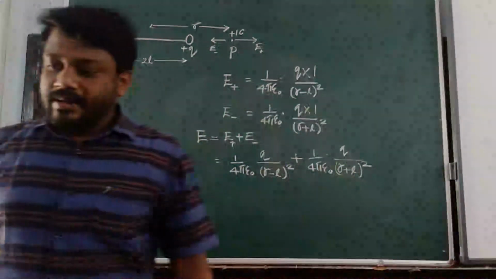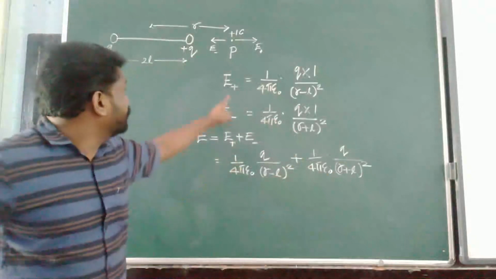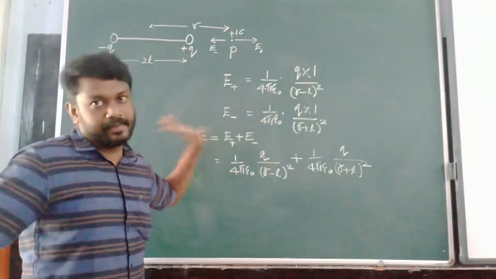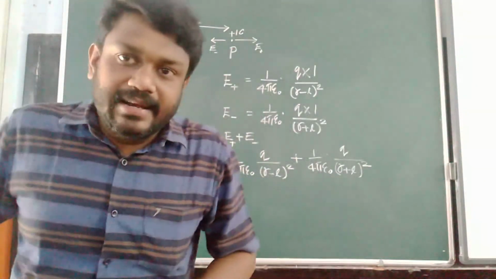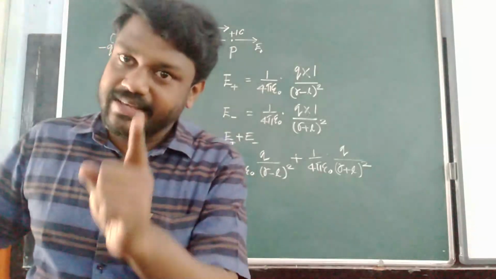Okay. So we have taken only the magnitudes of E plus and E minus. But yesterday I told you electric field intensity is electric force acting. Electric force is a vector quantity.